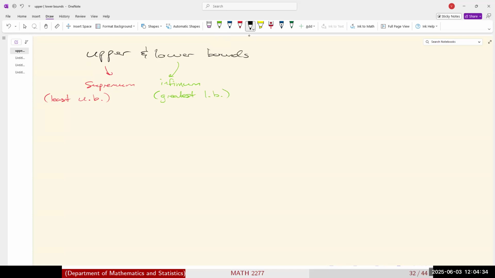Okay, the idea behind all of this, we went through the definition yesterday, so I'll just recap. All of this is taking place in an ordered field that we're going to call F. The example to keep in your mind is the real numbers with the usual less than or equal that you grew up working with.